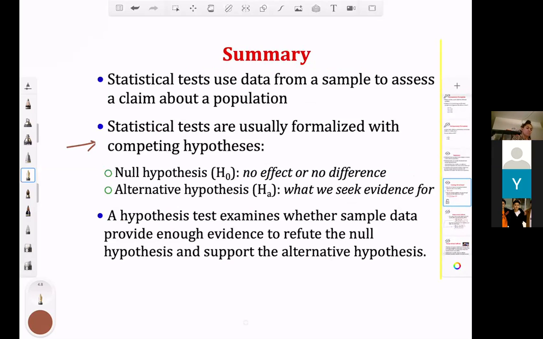That's a summary that should be in a good note for yourself and then for the exam, for chapter 4.1. A statistical test uses data from a sample to assess a claim about the population.